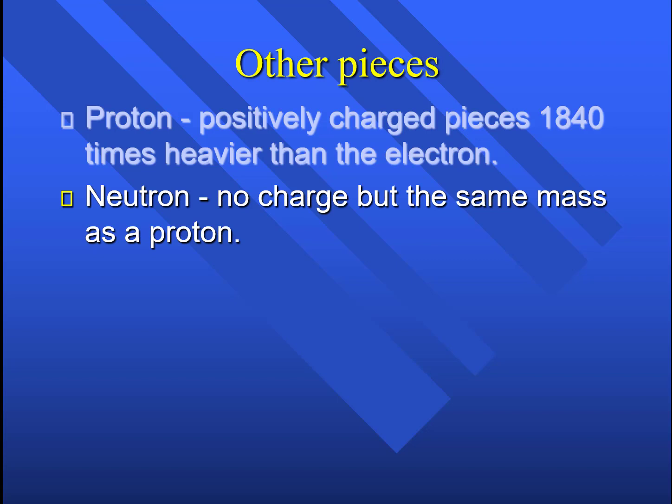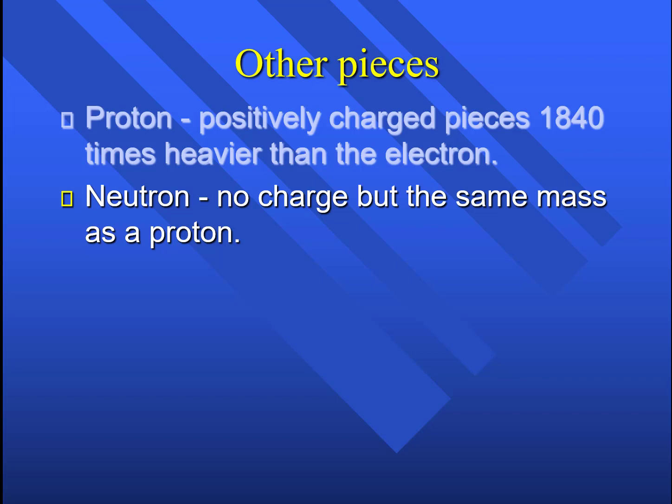The neutron. They called it neutron because it was neutral. It doesn't have a charge. But it's got the same mass as a proton. So it's 2,000 times heavier than the electron.